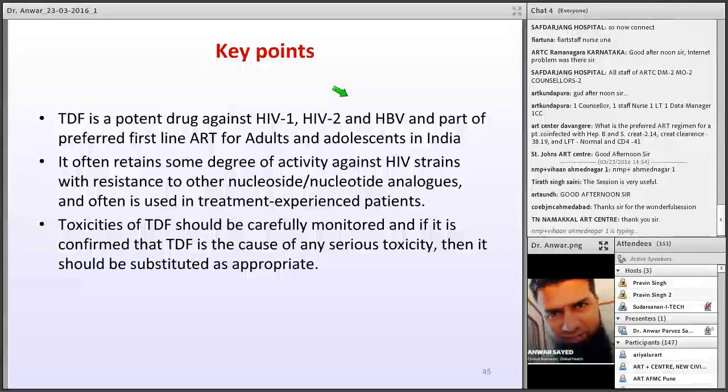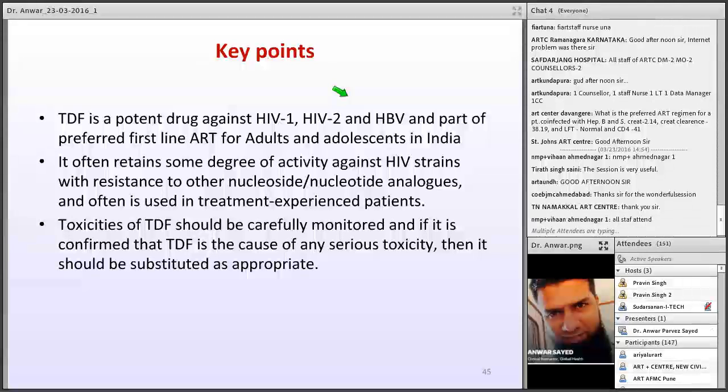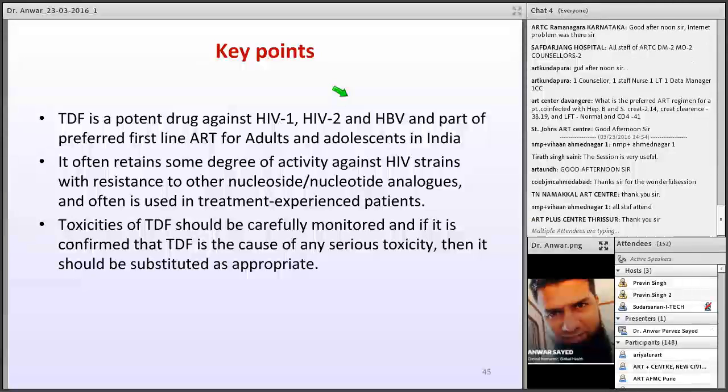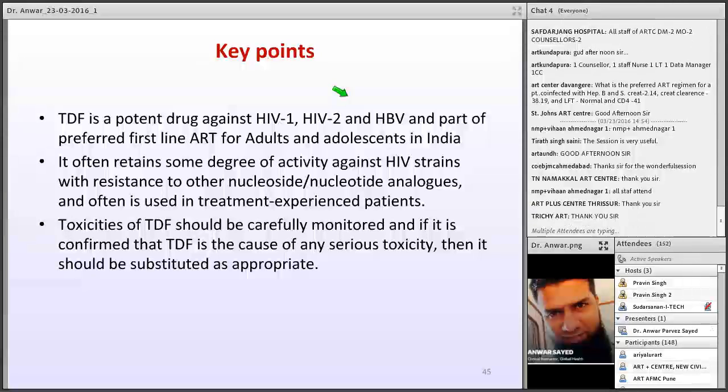That is why you see it in the first line and second line also. And last but not the least, tenofovir toxicities should be carefully monitored, and if it is confirmed that tenofovir is the cause of any serious toxicity, then it should be substituted as appropriate. There is no rule of adjustment of doses there.